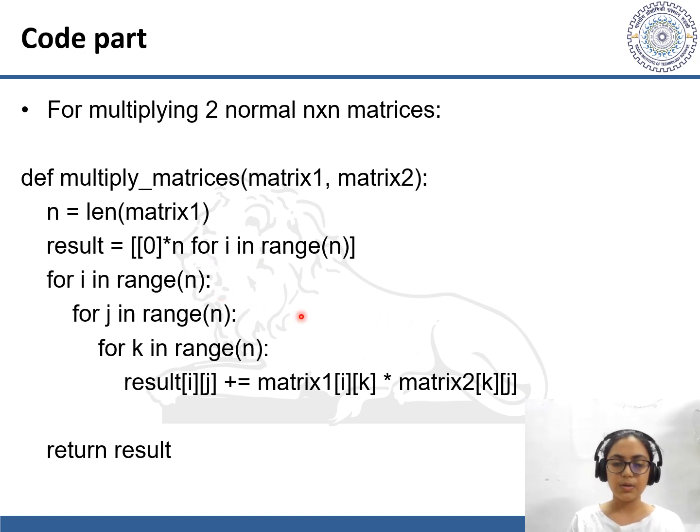That is, for this whole part, the time complexity would be of order n cube, that is n into n into n. Therefore, for multiplying two matrices, each of order n cross n, we get a time complexity of n cube.